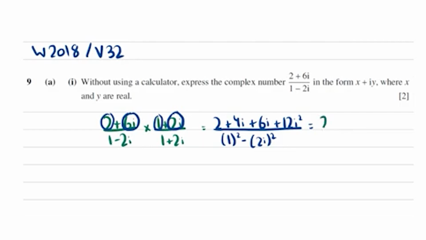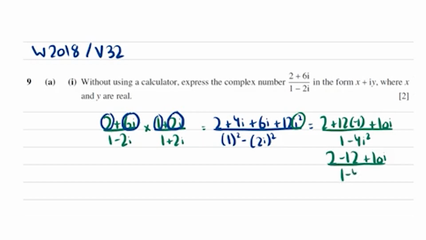Now, guys, it's going to become 2 plus 12i square, which becomes what? Minus 1. Plus 10i, divided by 1 minus 4i square. So now 2 minus 12 plus 10i, divided by 1 minus 4 times minus 1.